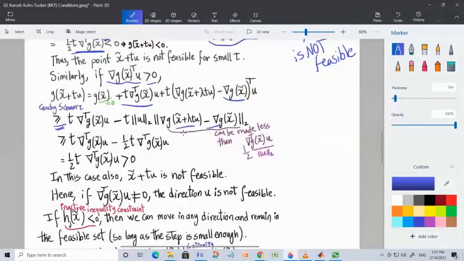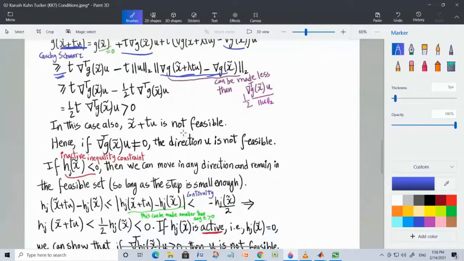And again, because those gradients or partial derivatives are continuous, we can make this thing as small as we wish. And we can use this to show that if this is true, at this point the function is strictly positive. So again, x tilde plus tu is not feasible.